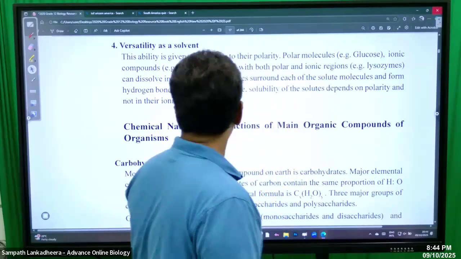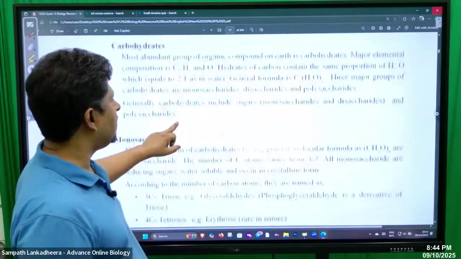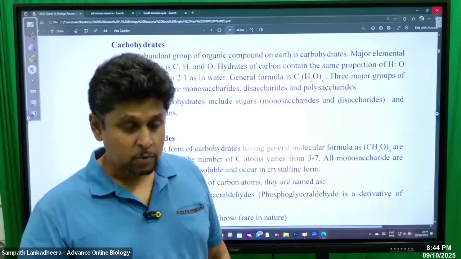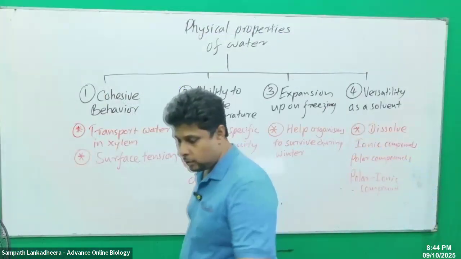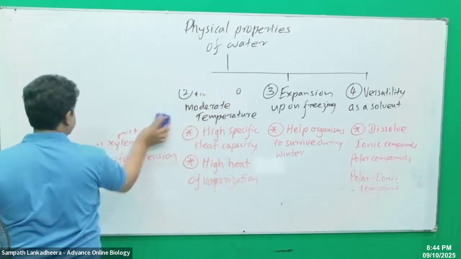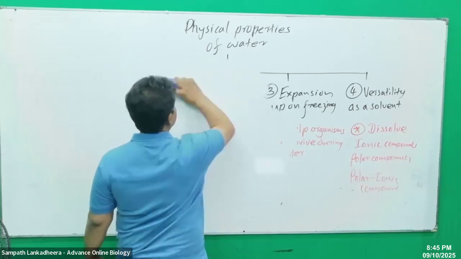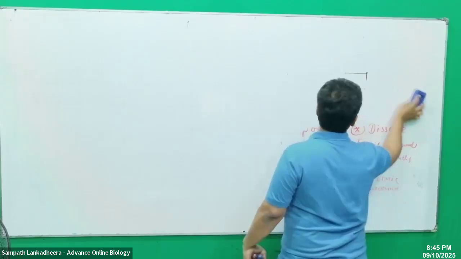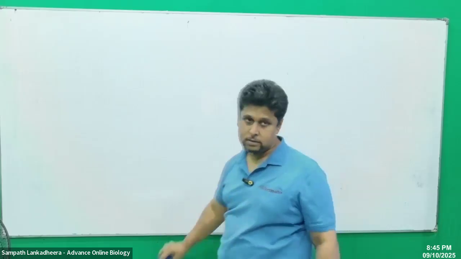Now, people, chemical nature of organic compounds: carbohydrates and lipids. Carbohydrates first. We learned that carbon, hydrogen, oxygen containing compounds are carbohydrates.